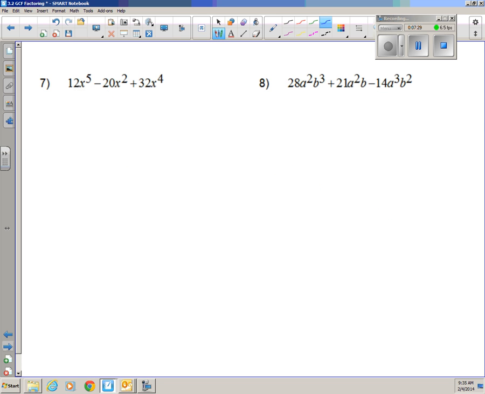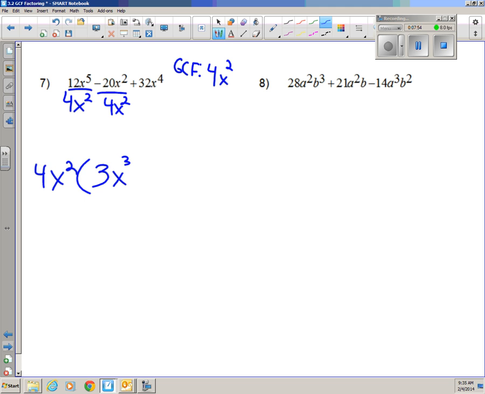The next one, in terms of my numbers, 20, 12, and 32, my GCF in terms of values is a 4. In terms of variables, they all have x's, but the least power is x squared. So my GCF is 4x squared. When I divide 12x to the fifth by 4x squared, I get 3x cubed.